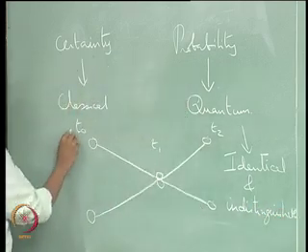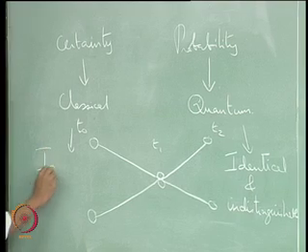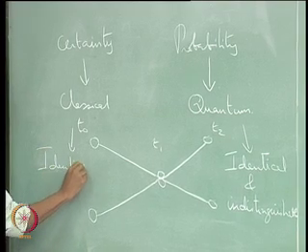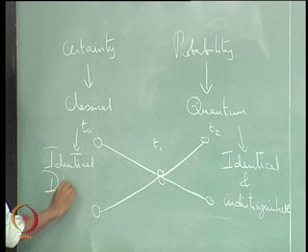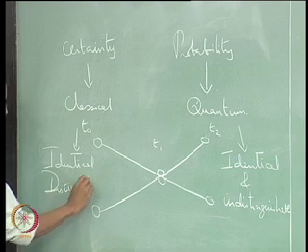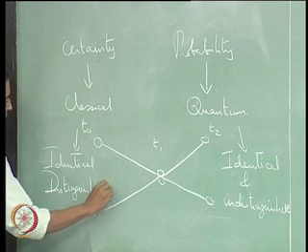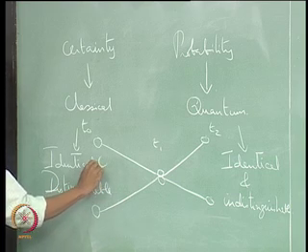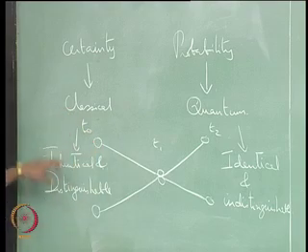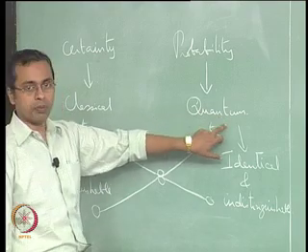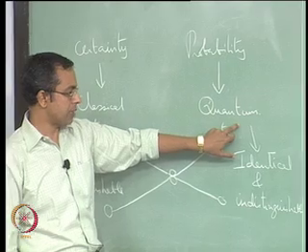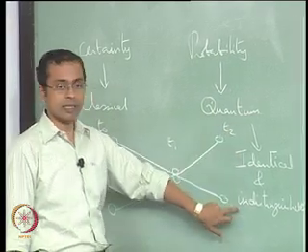These are identical but distinguishable. Okay, so classical particles are identical and distinguishable. Quantum mechanical particles, simply because they talk of probabilities of a particle being present somewhere, are identical and indistinguishable.